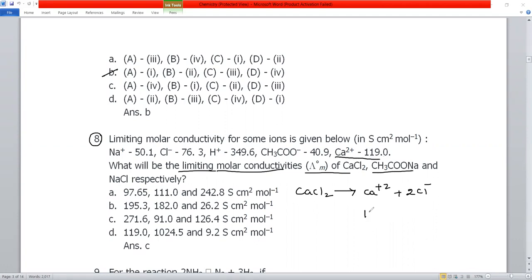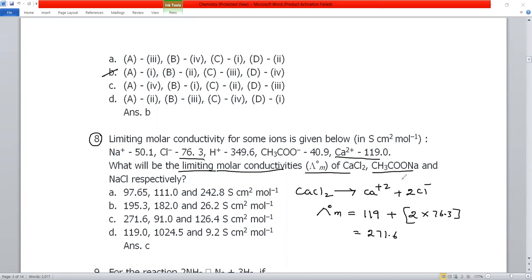The limiting molar conductivity of CaCl2 equals the sum of the cation and the anions, plus how many chlorines do we have? 2 chlorines. Each chlorine conductivity is 76.3.